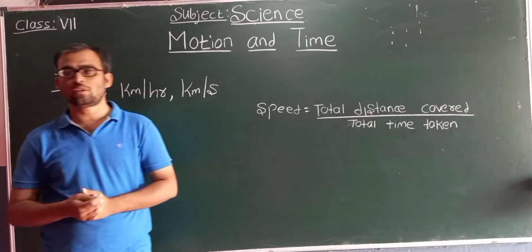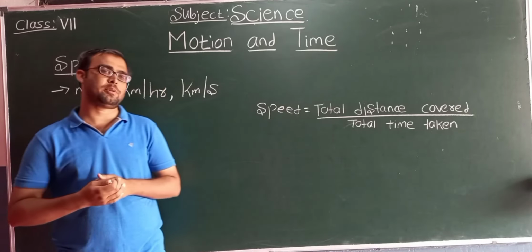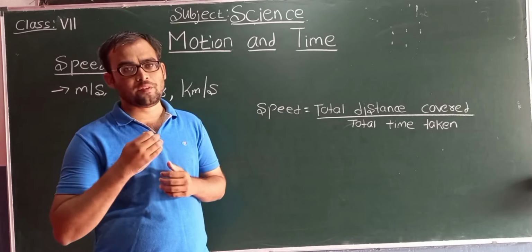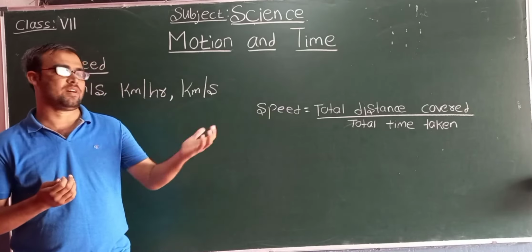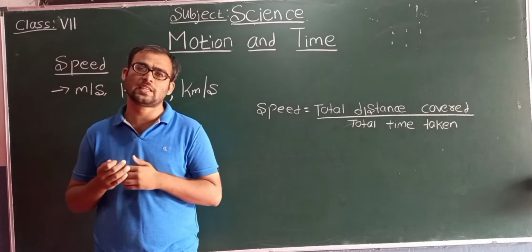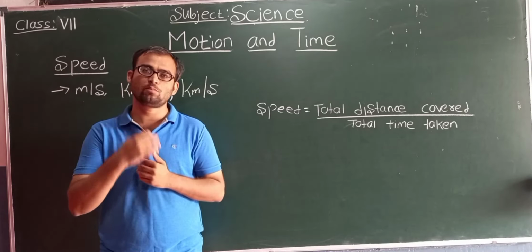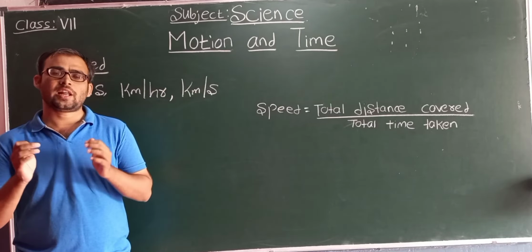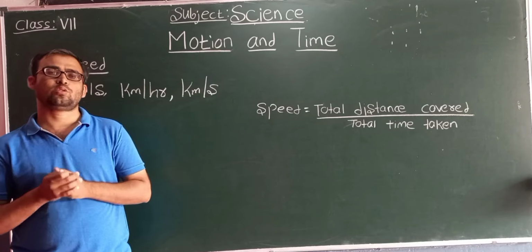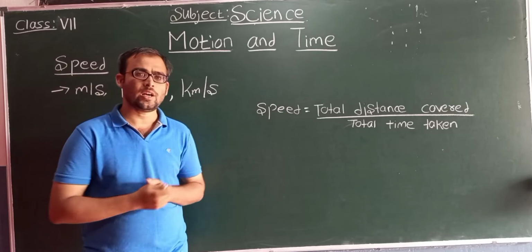Now let us talk about speed. If the speed of an object is more, then we can say that the object is moving fast, and if the speed of the object is less, then we can say that the object is moving slow. Imagine there are two buses moving on a road.